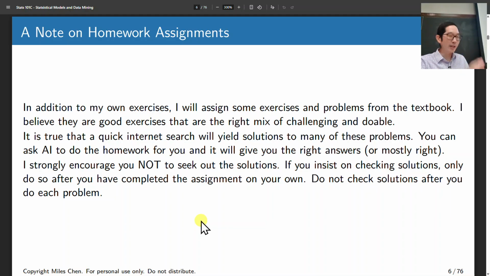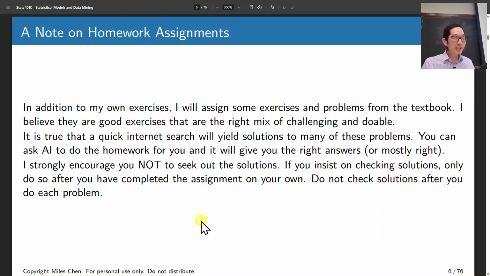Here's the truth right now. We are at the point where you can find all of the answers that you want, either just by searching for the answers directly, or you can copy and paste your question into the AI, ChatGPT or Gemini or whatever, and it's going to spit out an answer.